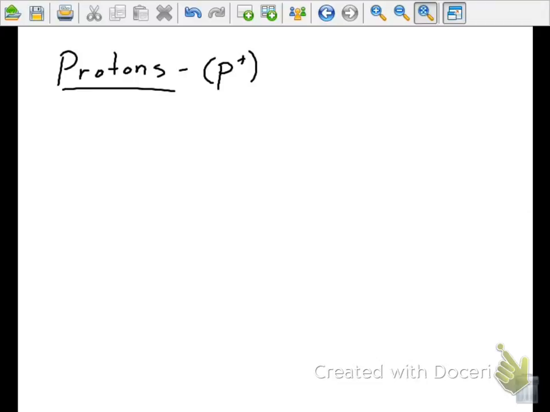Okay, so electrons are kind of negative, so they're always half empty, right? And protons are positive, they're always half full. So we know protons are positively charged. What else do we know about protons? They're in the middle with the neutrons. Okay, we'll get to neutrons in a second, but they are in the middle.